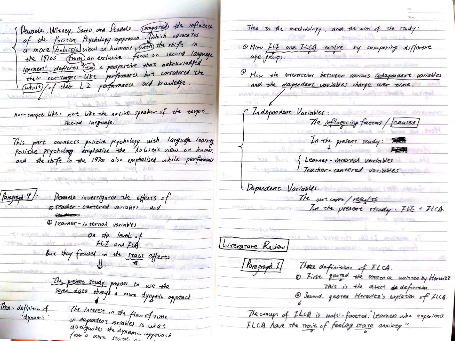Professor Horowitz, known as the mother of foreign language classroom anxiety, is the person who proposed this concept and also developed the way of measurement, which is the foreign language anxiety scale in previous years.